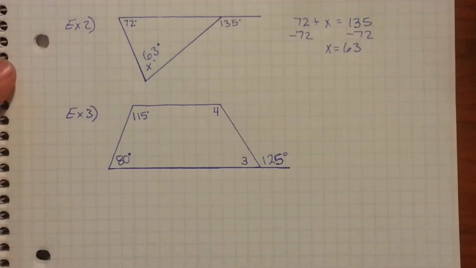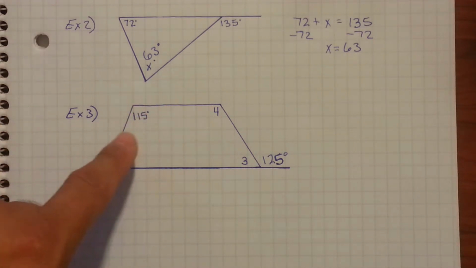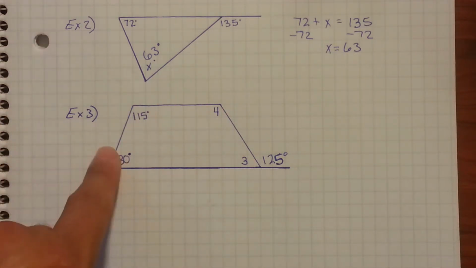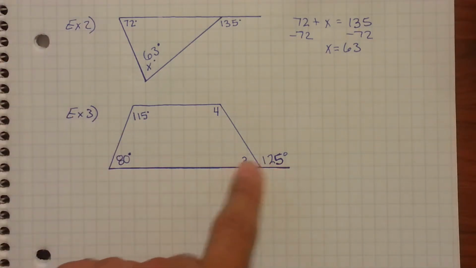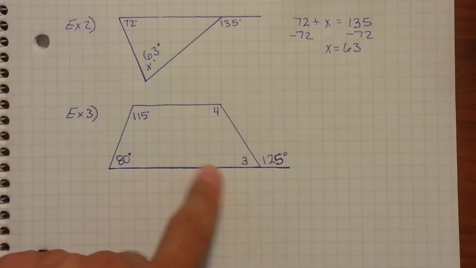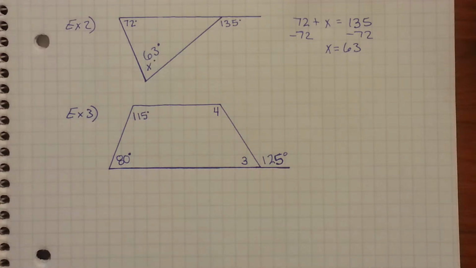Now, on example 3 here, this one is a quadrilateral. So it has 4 sides. Since it has 4 sides, it doesn't follow the same rule as what I had before for my exterior angle. But it is going to help me out here. So exterior angle, we know that this one and this one here on a straight line must be supplementary.